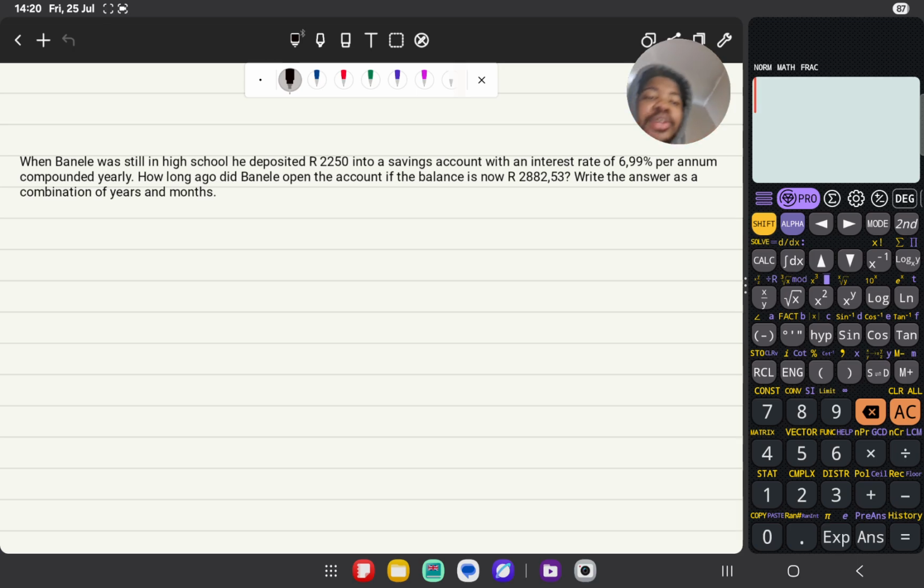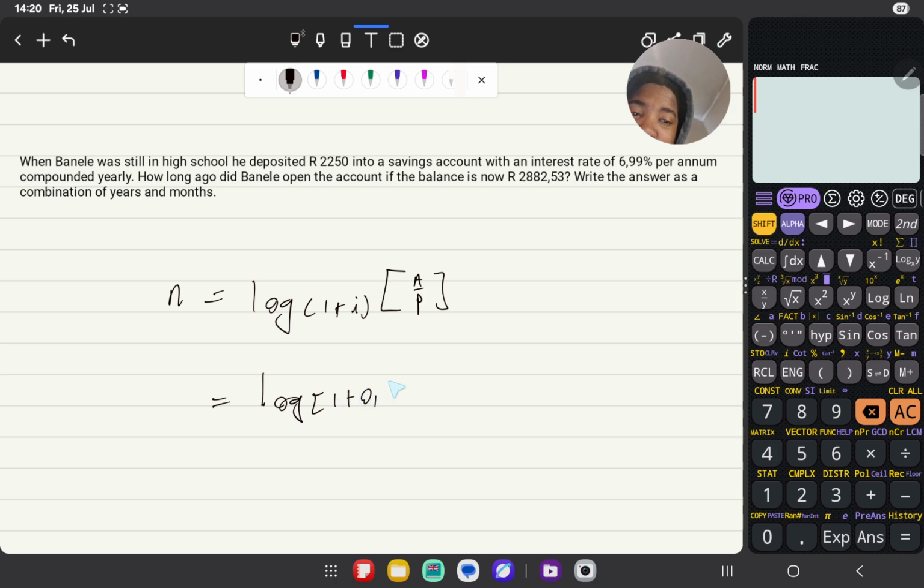Cool. So we already know that n is going to be log base 1 plus i of A over P. We can just substitute straight away. This is 1 plus 0.0699, and you're going to have A, which is 2,882.53, divided by 2,250.